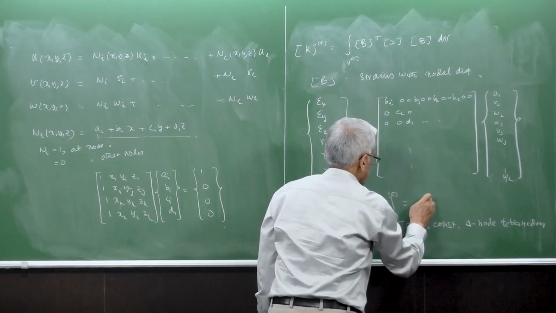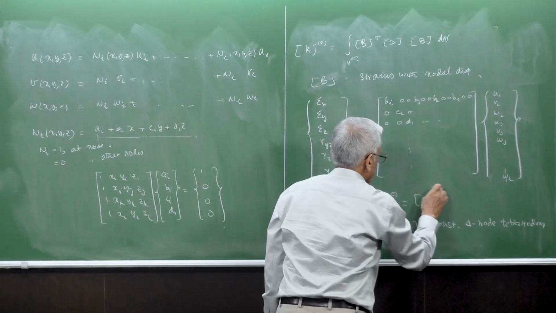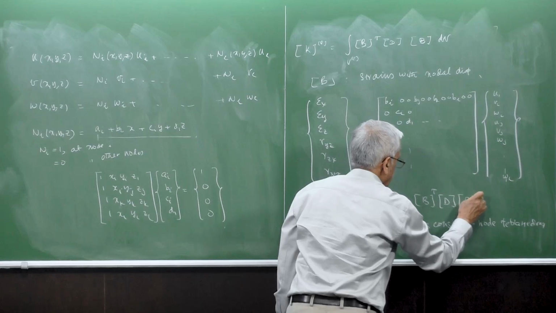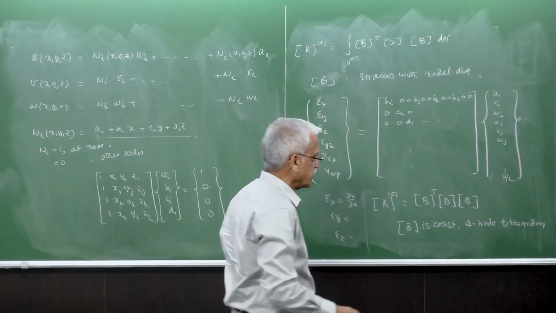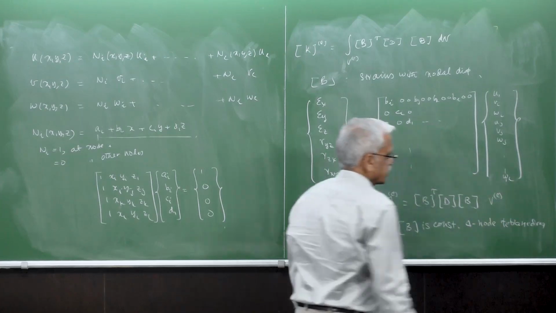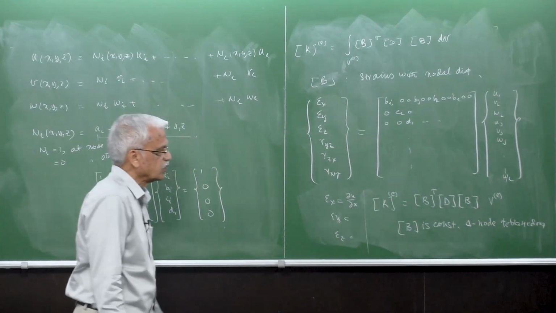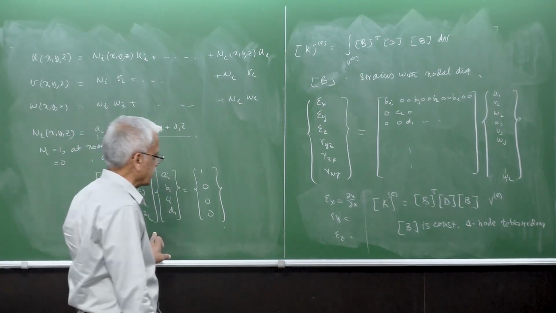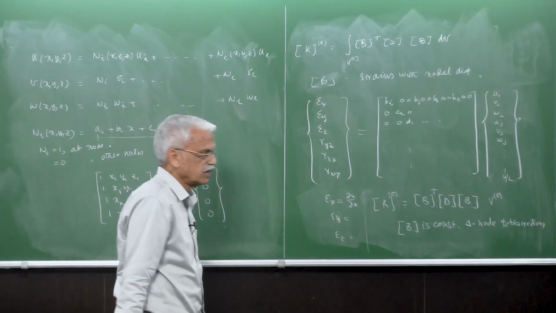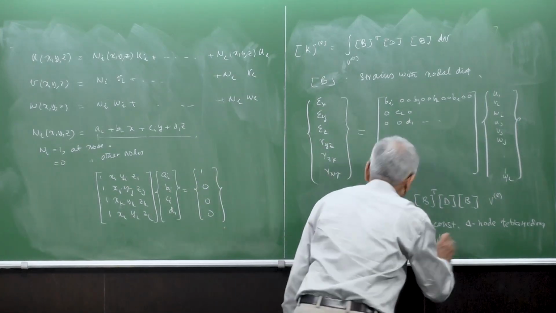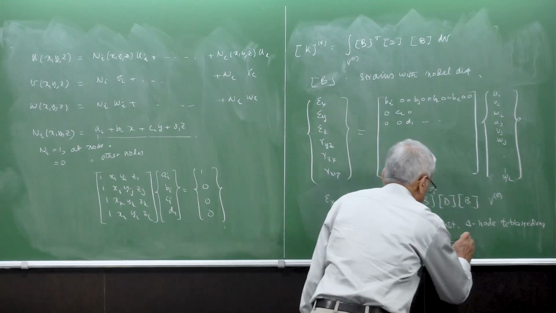So we have simply B transpose D B multiplied by the volume of the element. The volume of the element is nothing but 1/6 of this determinant. You can also find it from your coordinate geometry.